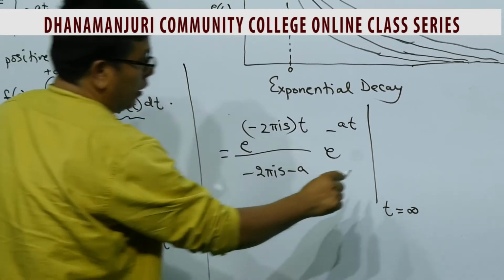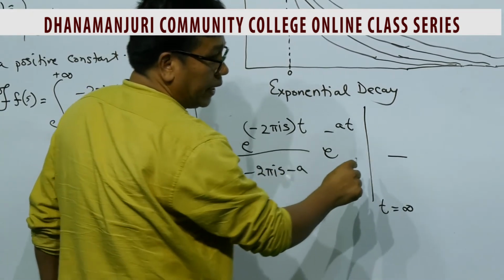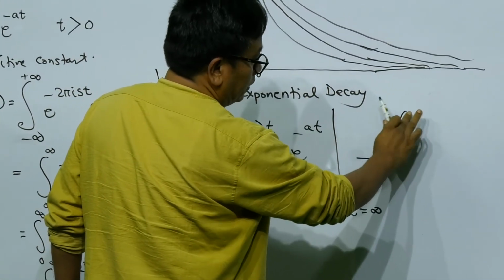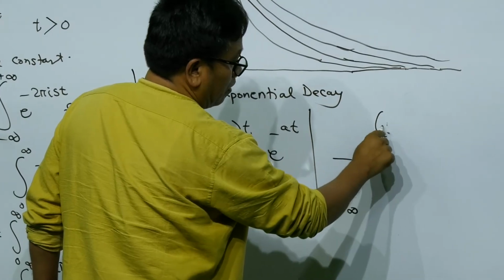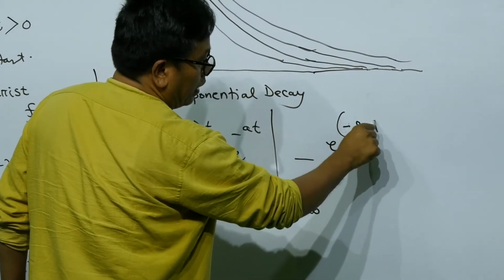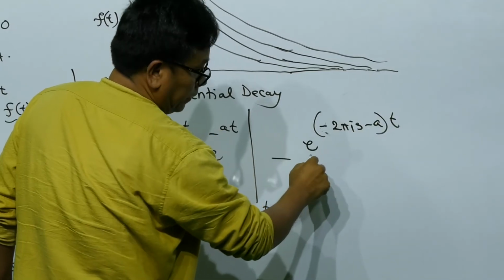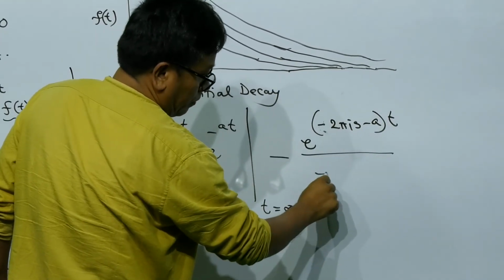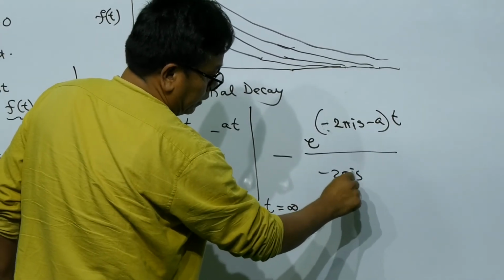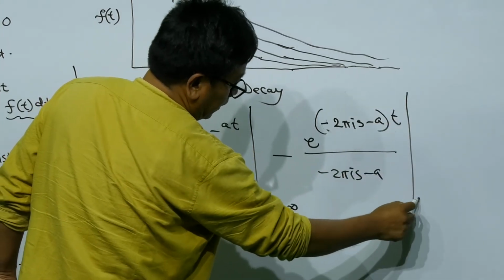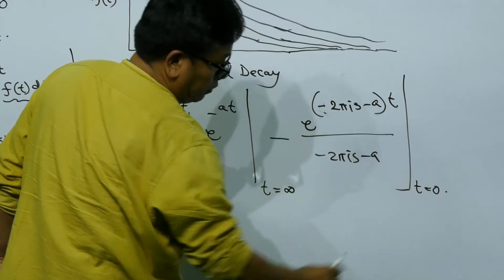Now what about the other component? The other component is e power minus 2 pi I s, then a times t, divided by minus 2 pi I s minus a, and the limit of integration here is for t equal to 0.